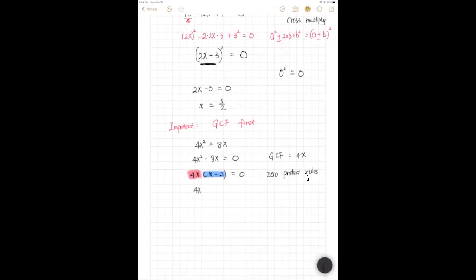So I have 4x equals 0, or x minus 2 equals 0. So 4x equals 0 means x equals 0, or x equals 2. So this will be the answer.